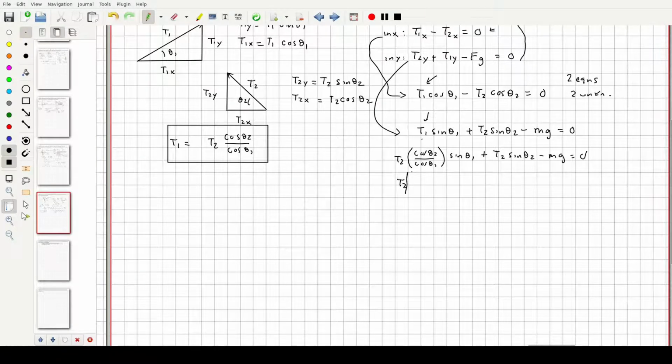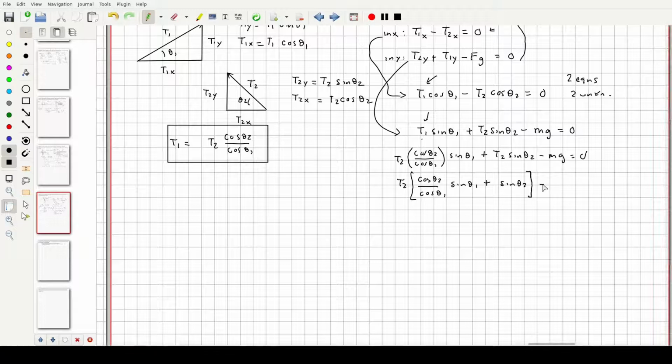Now, when I do that, this is not the prettiest thing in the world. I get cosine of theta 2 over cosine of theta 1 times sine of theta 1 plus sine of theta 2.